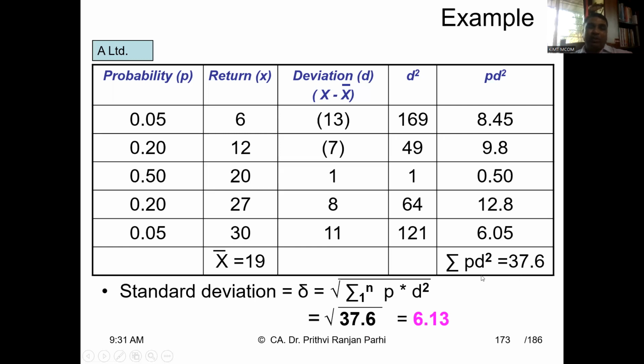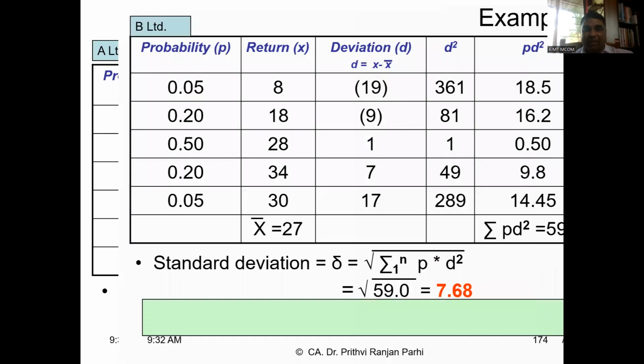If you take the root of this, 37.6, that is the square root of the sum from 1 to n of pd square, you will get the standard deviation. And this is understood as the risk of the project. Understood? This is one way of computation of risk. We wanted to learn the concept of computation of risk. This is how it can be computed.